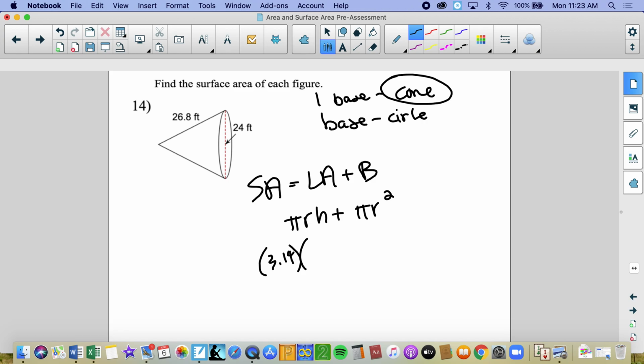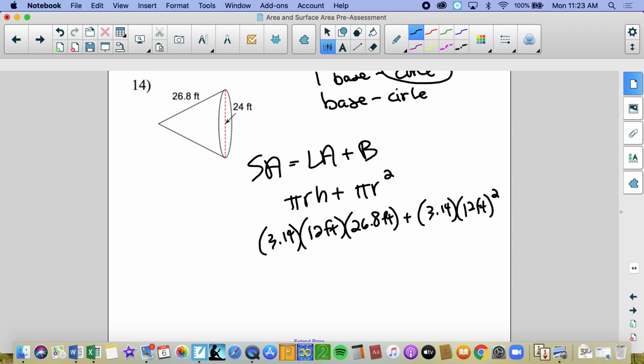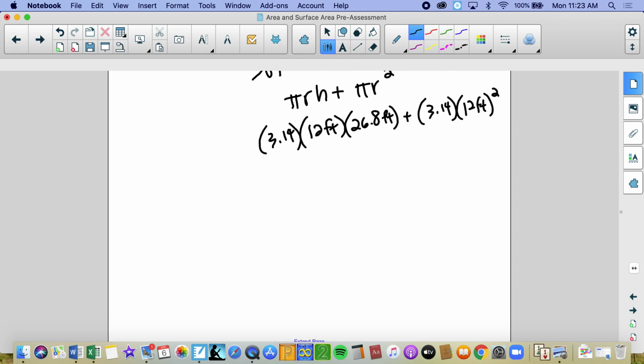It wants the radius, which would be 12 feet, times the height, and the height here is called the slant height, is 26.8 feet. That's the exterior slant, plus pi, which is 3.14, and the radius again is 12 feet quantity squared. That is a formula that you should memorize.